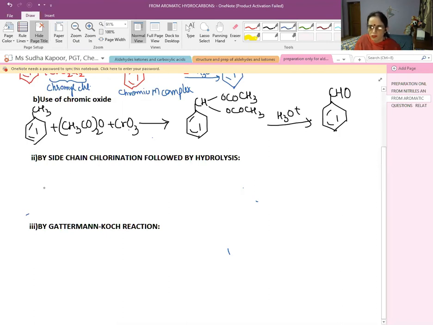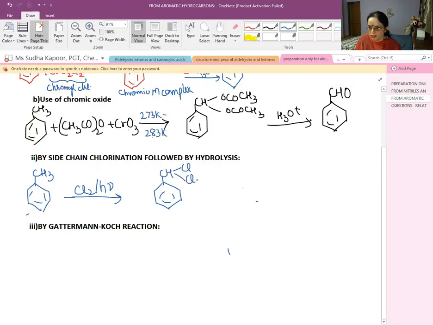Now one more preparation for the benzaldehyde. It is known as the side chain chlorination followed by hydrolysis. The above reaction takes place at the temperature 273 Kelvin to 283 Kelvin also. Now the side chain chlorination of toluene takes place in presence of chlorine and sunlight, which results in making of a compound which is gem dichloride.